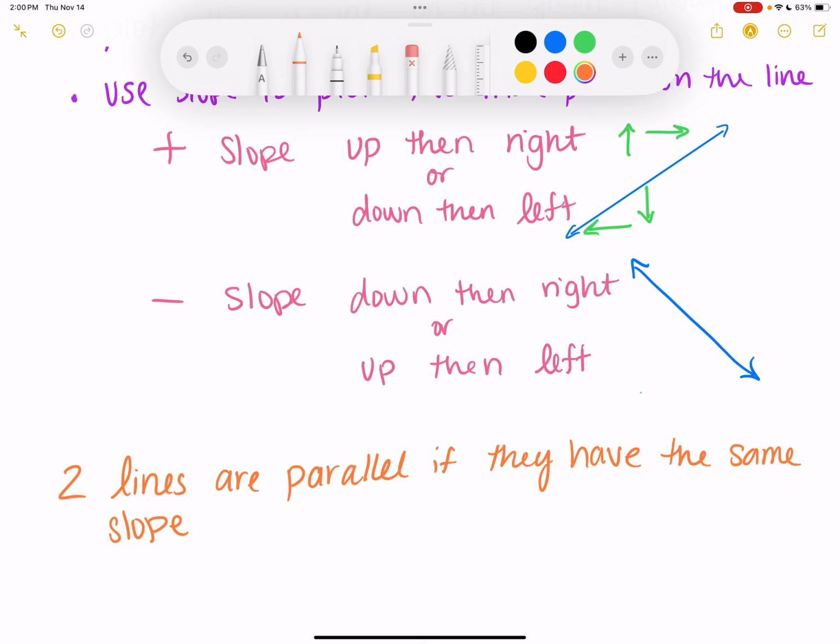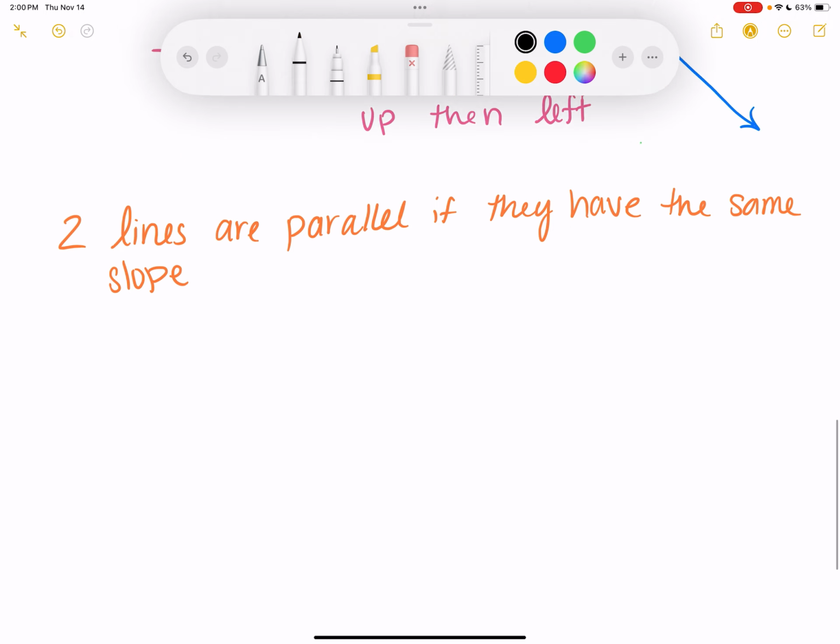All right, let's move into some problems here. Identify the slope and the y-intercept of the line with the given equation. So we're finding the slope and y-intercept. So number 4, y equals negative x.